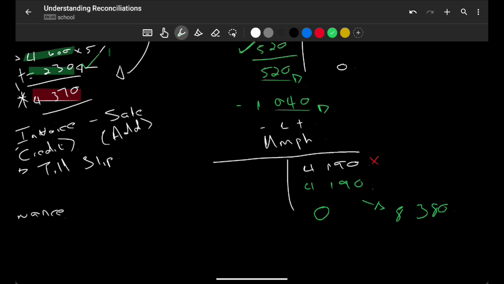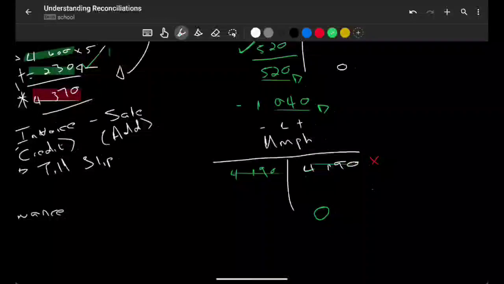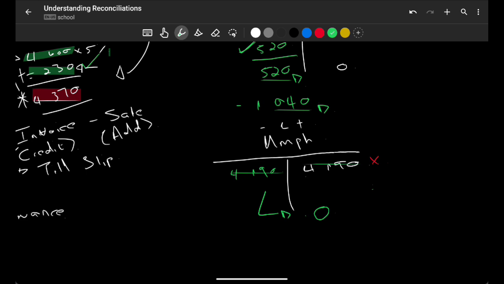We're just increasing it. That is incorrect. We can't do that. What we're supposed to do is debit 4,190. Now this is going to cancel out that, and our balance is actually 0, right?